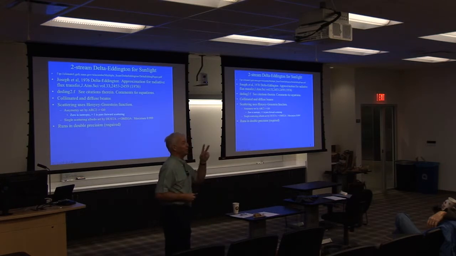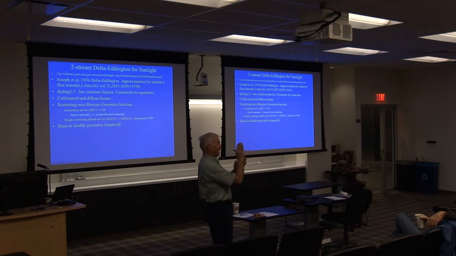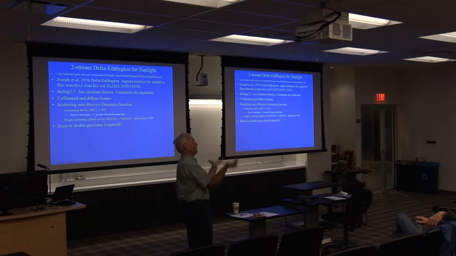So those are the only two streams. When they talk about 4-stream or 8-stream, it's basically not only do we have a direct component, but we break the diffuse component into angular sectors to more accurately represent what's really going on. This one, all those angles are just one.